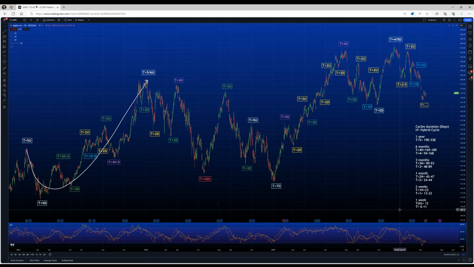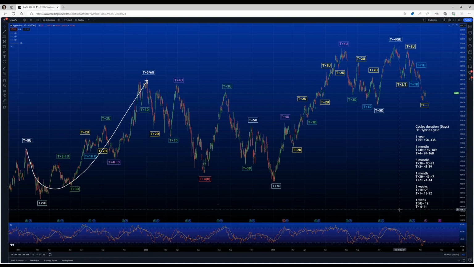So if we have 190 days to 338 days, the median duration is between 230 and 250 days. And here we can expect a higher likelihood where the cycle will end.